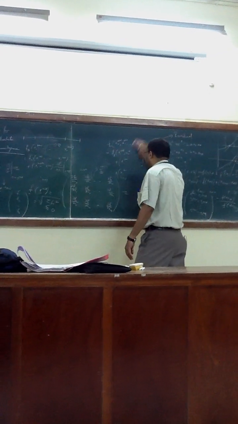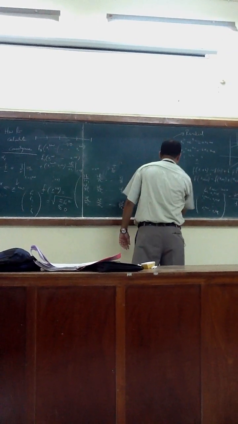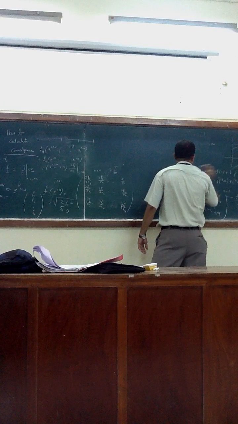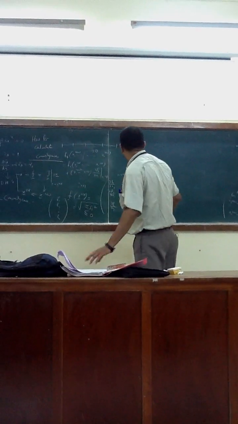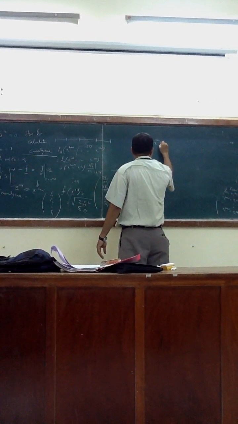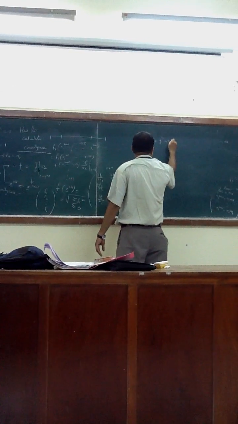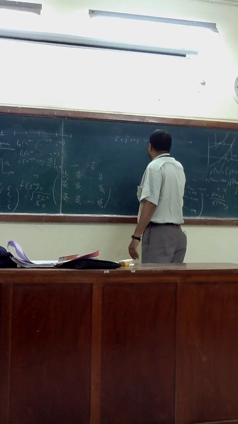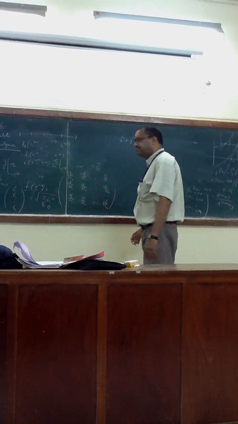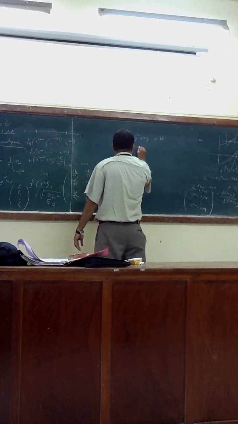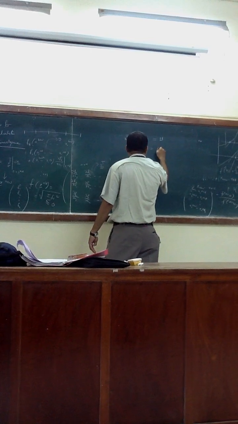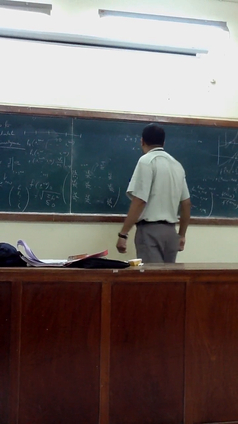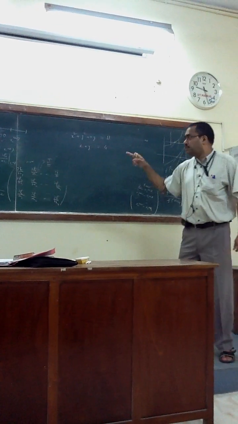Newton-Raphson method for a nonlinear system: x square plus y square plus xy equals 3. Can you solve by this technique?